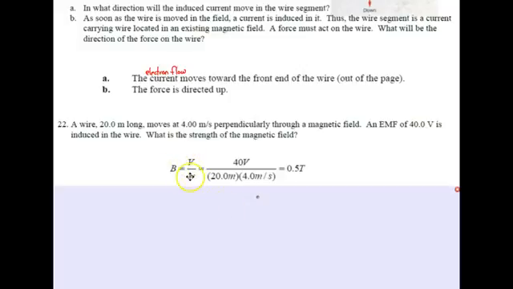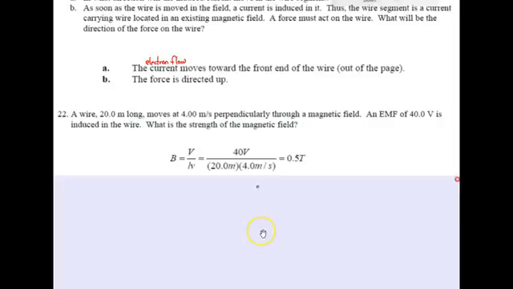So solve for B, that would be EMF divided by LV. 40 volts divided by the product of the length, 20 meters, times the velocity, 4 meters per second, gives us a 0.5 Tesla magnetic field.